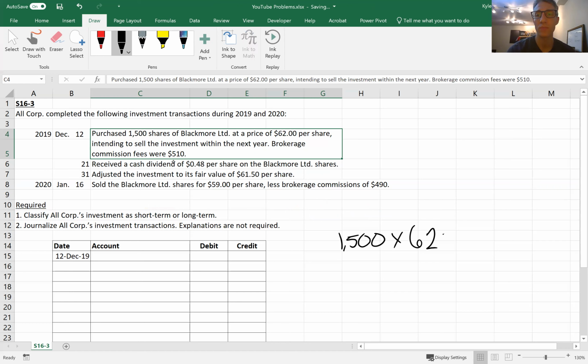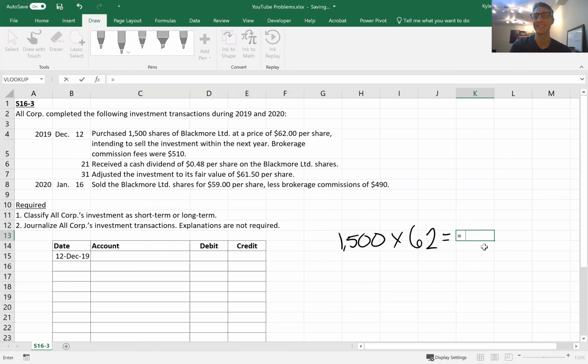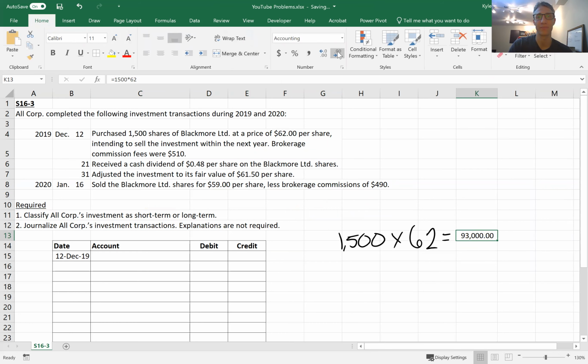So their total investment here is going to be those two numbers multiplied together, which is a number that is far too complicated for me to do in my head. So I'm going to use Excel in order to calculate that, which is $93,000.